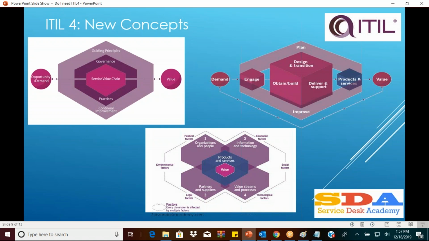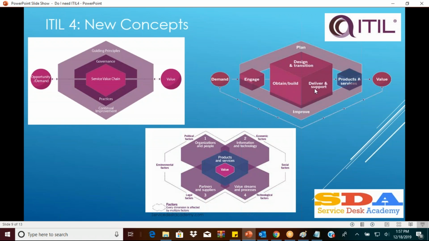If in case you don't have the capability in your organization, let's say you don't have the subject matter expertise in your organization, you have to obtain it from another company, right? A third-party company or a supplier. So obtain or build is that component which focuses on bringing those capabilities from other third-party companies or building it on our own.